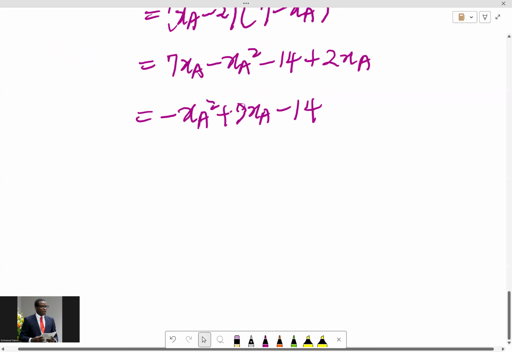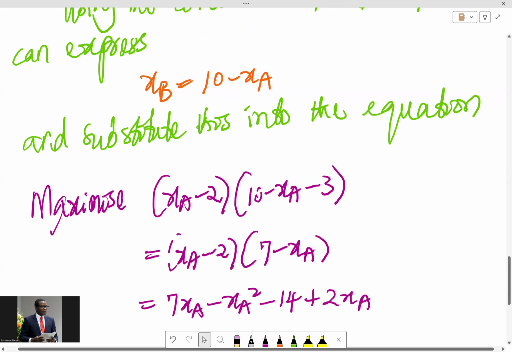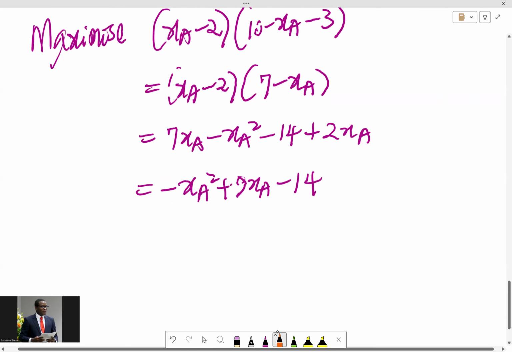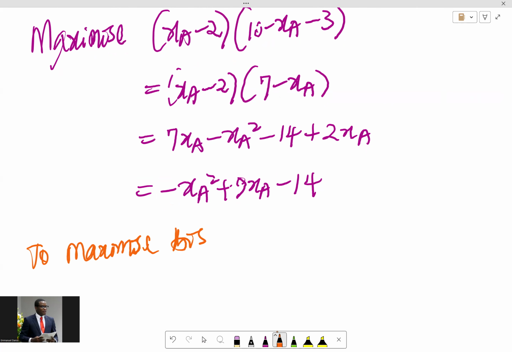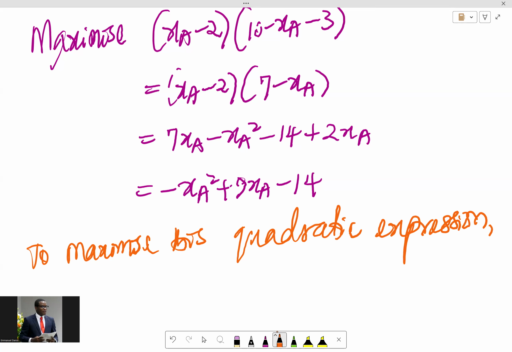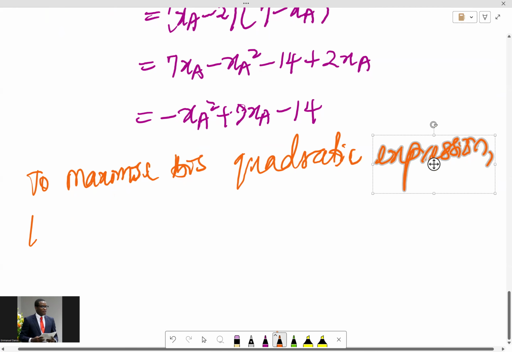So to maximize this quadratic expression, we take the derivative.